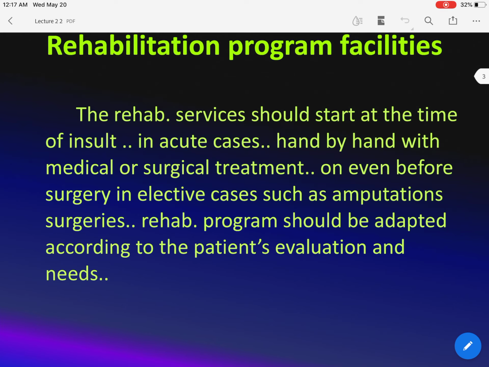Only depend on the materials if it's not available, so their job is delayed. Rehabilitation program should be adapted according to the patient's evaluation and needs.